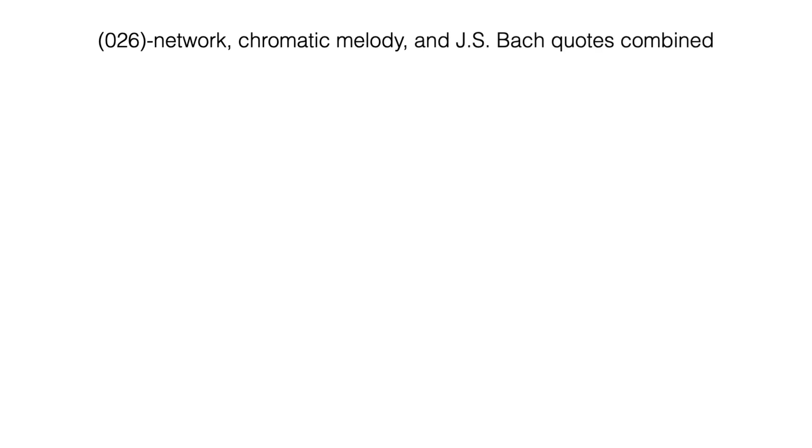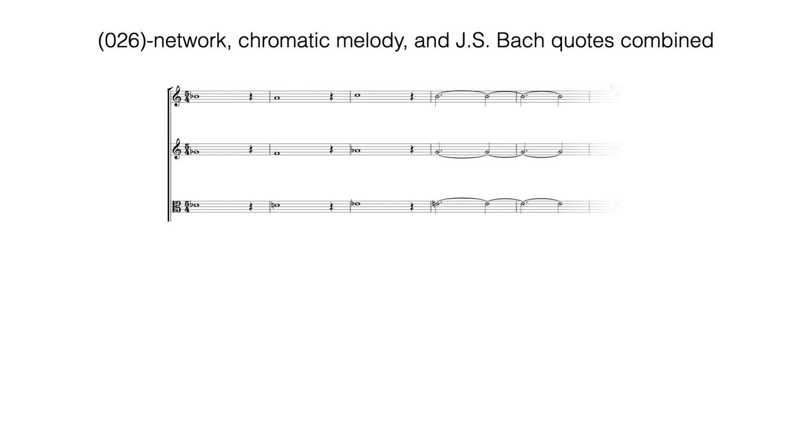The three basic sorts of musical material in this work, the 026 network, the chromatic melody, and the quotations and paraphrases from J.S. Bach, come together in the brief chorale that concludes the work.